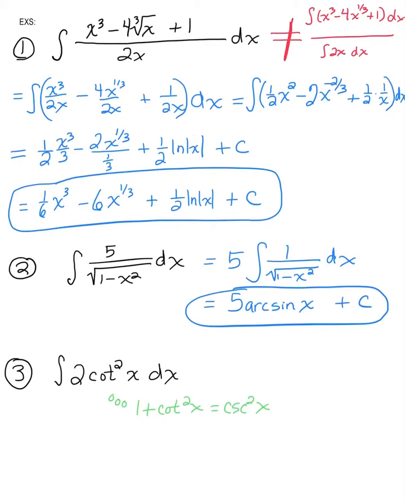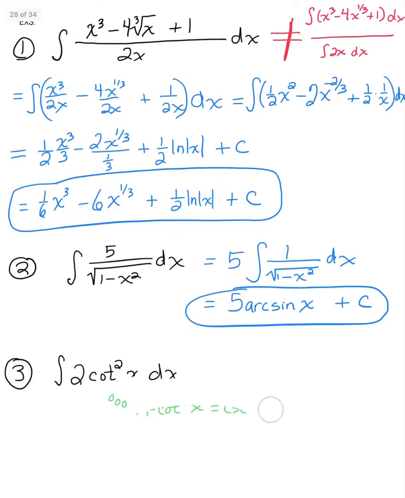I was never a fan of memorizing a lot, so I would think about what the original one was, sine squared plus cosine squared equals 1, and I would think about just dividing that through by sine squared. If you divide everything through by sine squared, you get 1 plus cotangent squared equals cosecant squared.